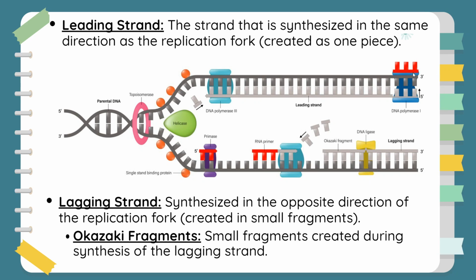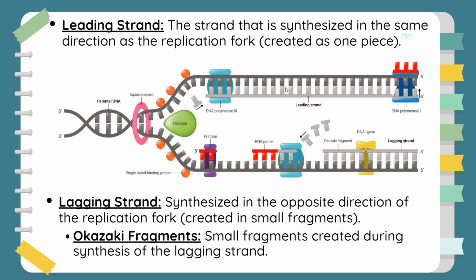So as we find our parent strand's 3' end, it's going to follow from 3' to 5' on the parent strand, but it's actually building 5' to 3'. For this strand, DNA polymerase essentially follows helicase.